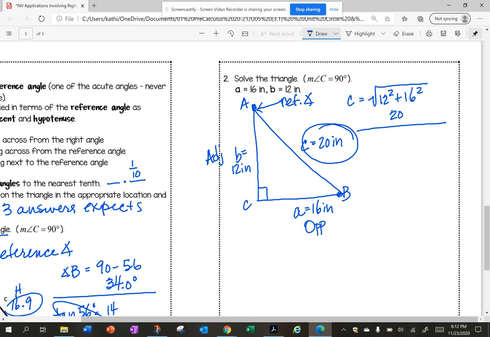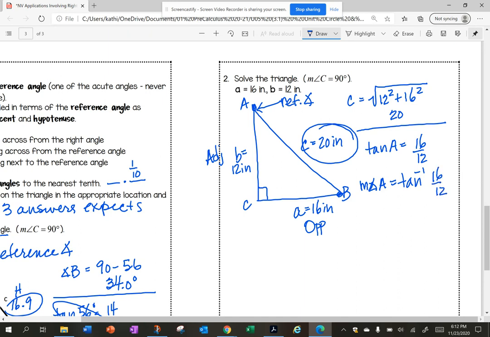So that would tell me I'm using tangent. So tangent of angle A is 16 divided by 12. So the measure of angle A is the tangent inverse of 16 divided by 12.